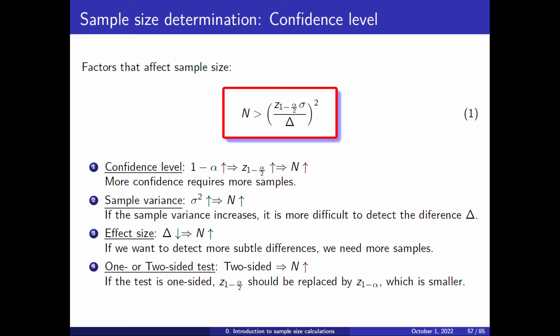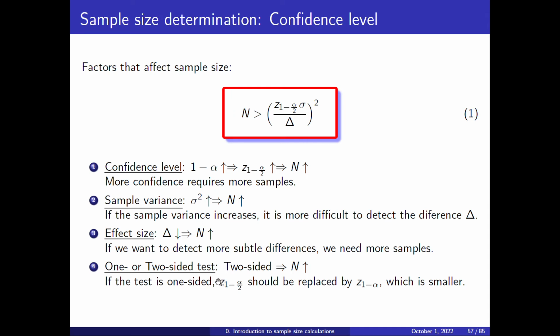And what if my samples are more variable? What if the tablets, instead of moving with a sigma of 1, they move with a sigma of 10? Then it is much more difficult to detect a change of 0.5 milligrams. So if the sample variance increases, then the number of samples also increases.